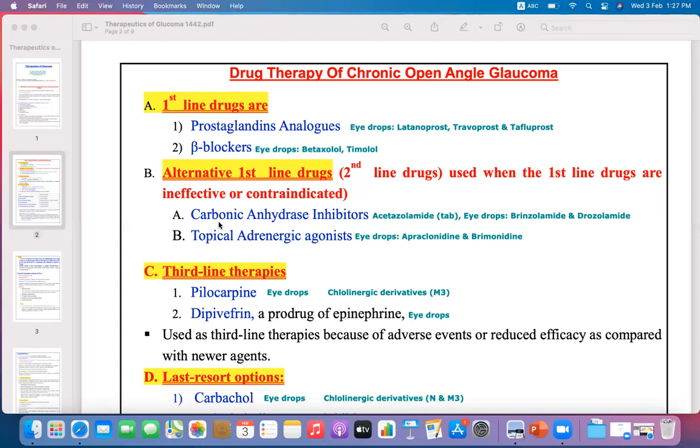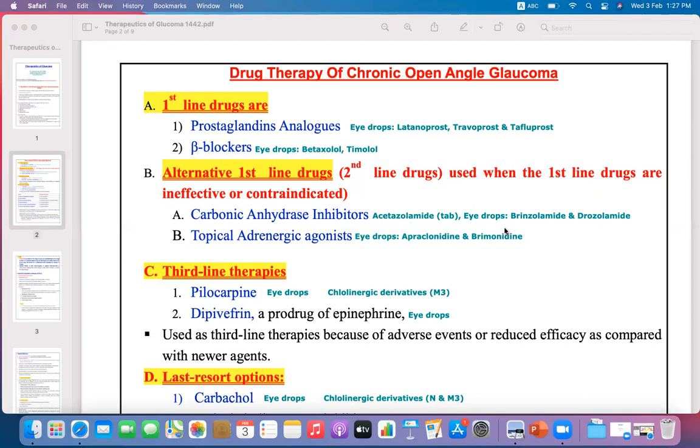Examples of second line agents are carbonic anhydrase inhibitors. Generally, carbonic anhydrase inhibitors are categorized as diuretics. These include acetazolamide, which is available in tablet form, but eye drops are also available from the category of carbonic anhydrase inhibitors, and these are brinzolamide and dorzolamide.